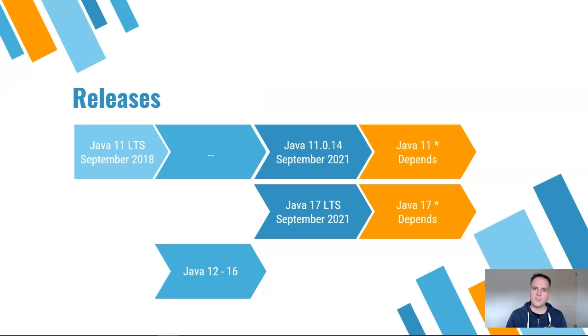But depending on the vendor that created your build, it can be for a much longer period, but that differs per vendor. Between those LTS versions, we also have the 6 monthly Java releases. Those also have minor updates, but only until the next major release is created.